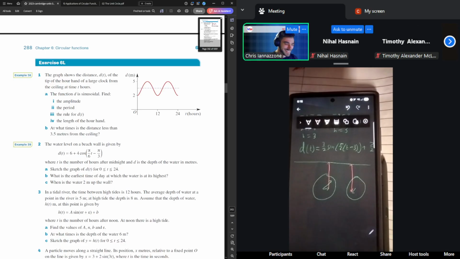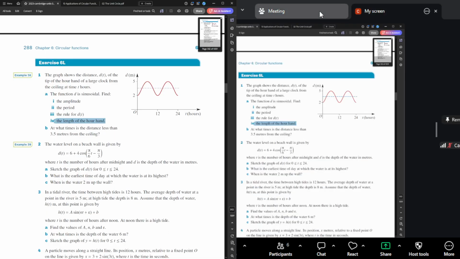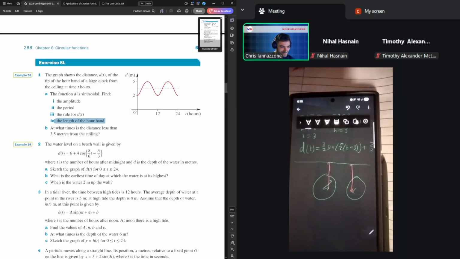What was the question? So it's IV on the Cambridge book, the length of the hour hand. Is the length of the hand going to be the amplitude? Yeah. What gave you that conclusion?